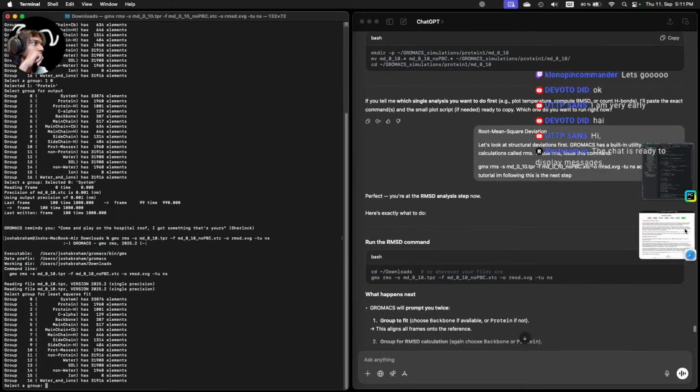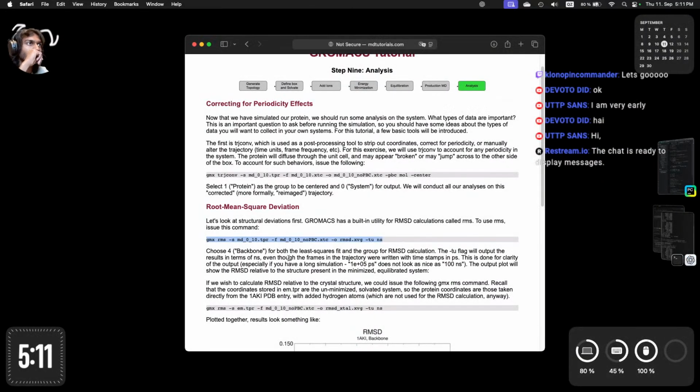Oh, again, I gotta choose backbone for both least square fits and group of RMSD calculations. The tu flag will output the results in terms of ns, even though the frames in the trajectory were written in timestamps in ps. This is done for clarity of the output, especially if you have a long simulation. It does not look as nice as 100 nanosecond.